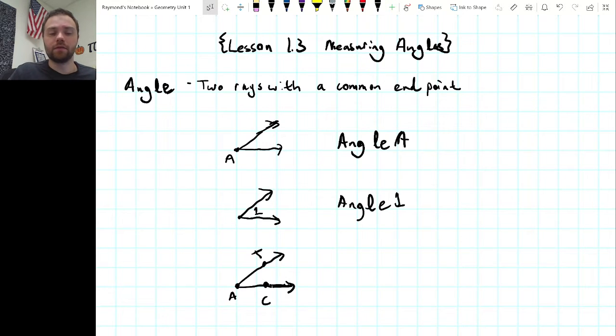Or a second option would be if the angle on the interior is labeled with a number. So in this case, this is angle 1. You can refer to it as angle 1.